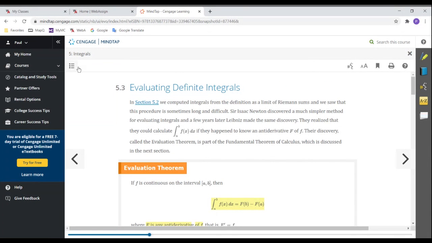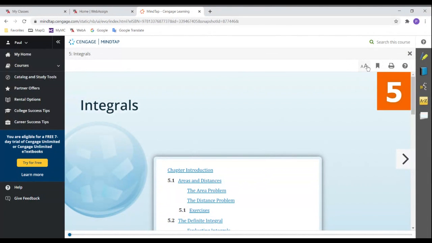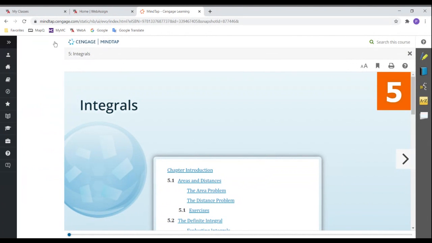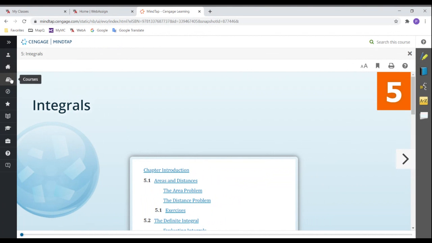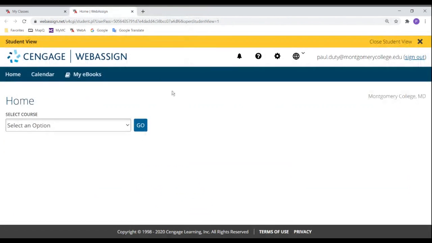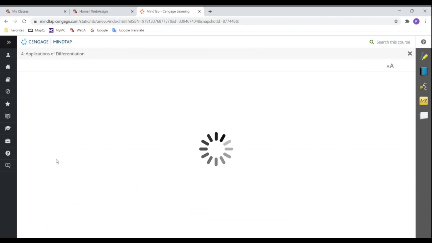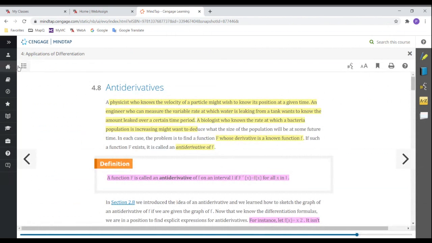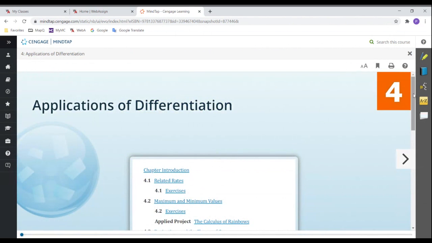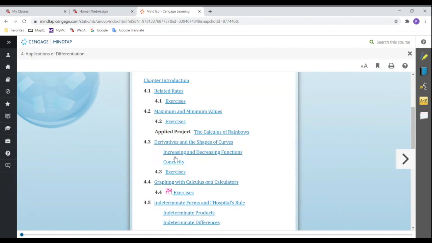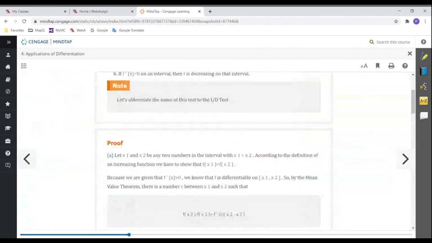Let me just see here, 4.3. So I've got to get to that chapter. Well, that doesn't look like what I want. One moment. We talked about derivatives and shapes of curves before.